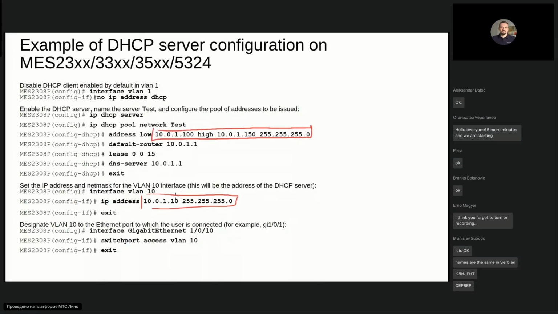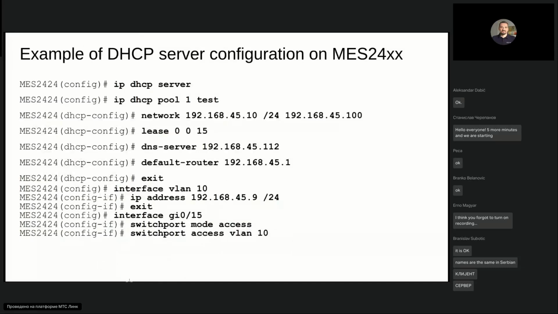Not to the range of addresses, but to the network. Like here, we know that the network will be 10.0.1.0/24. So the address should belong to the network, not to the pool. And so we'll go to the access switch port and then configure the access VLAN here.